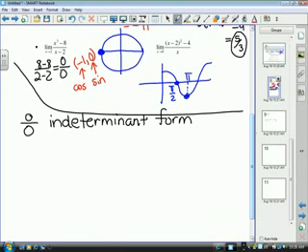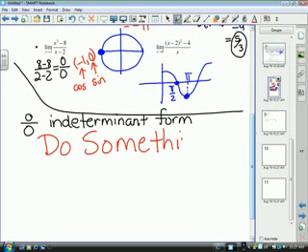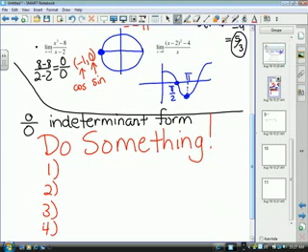Okay. Now, when you get 0 over 0, that's in calculus one of the what's called indeterminate forms. Now, here's what that needs to mean for you at this point. When you get an indeterminate form, that means you've got to do something. In other words, the answer is not 0, the answer is not 1. You've got to do something. Now, here are the do somethings that we're going to normally use in this chapter.